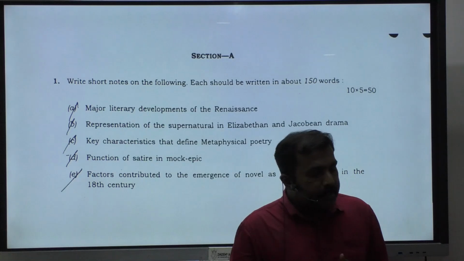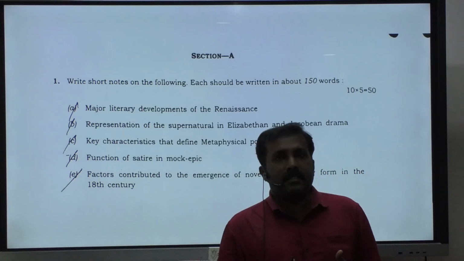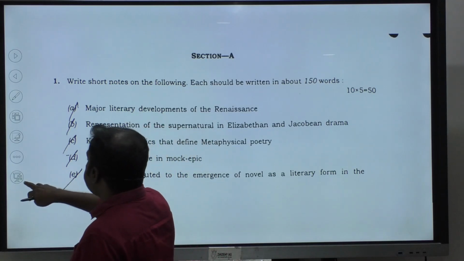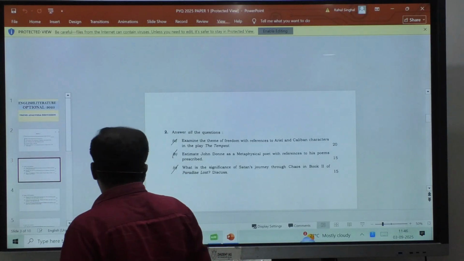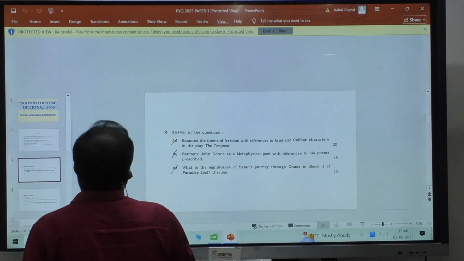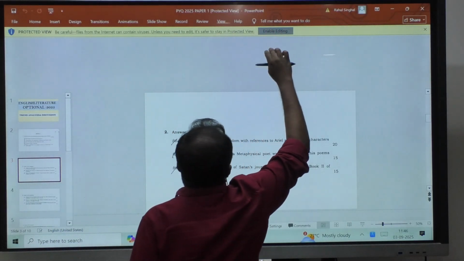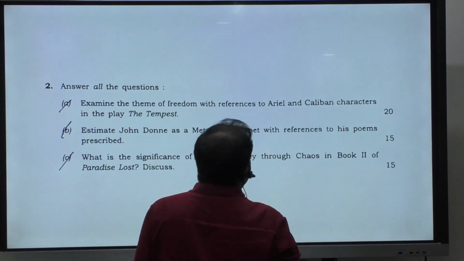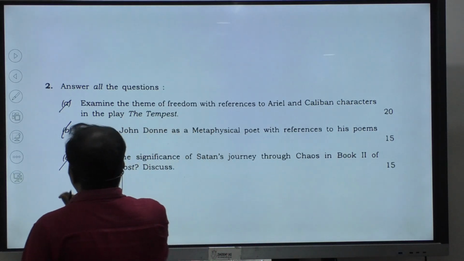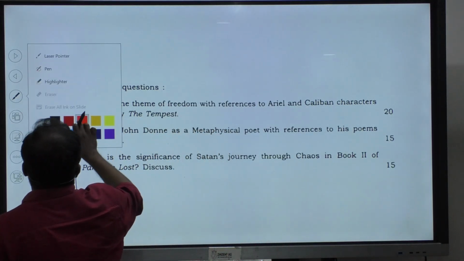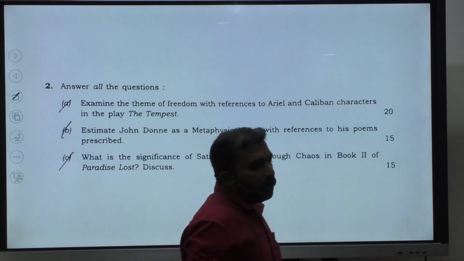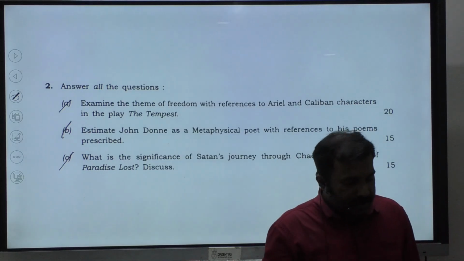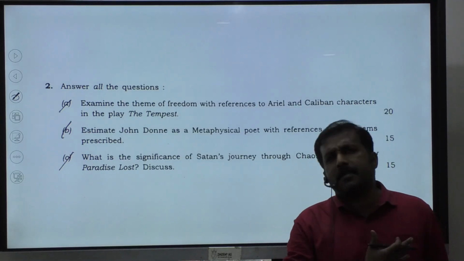And through the printing press, what happened? The main development through the printing press is the democratization of literature. Democratization of literature happened in this time. So all these points you can mention in this answer, and we have to give some examples.